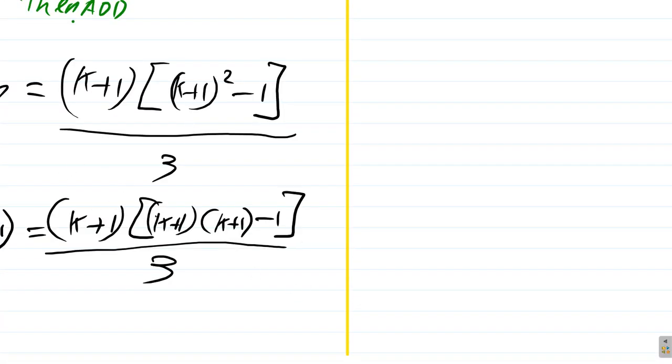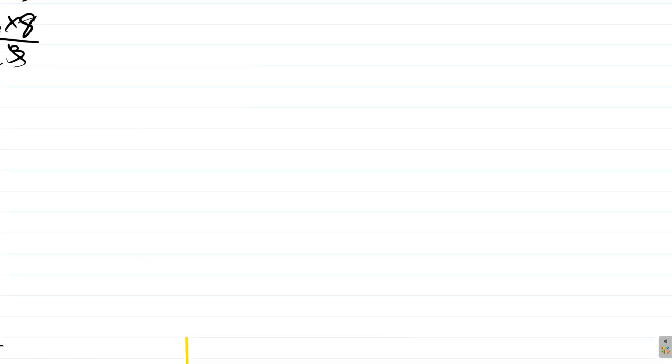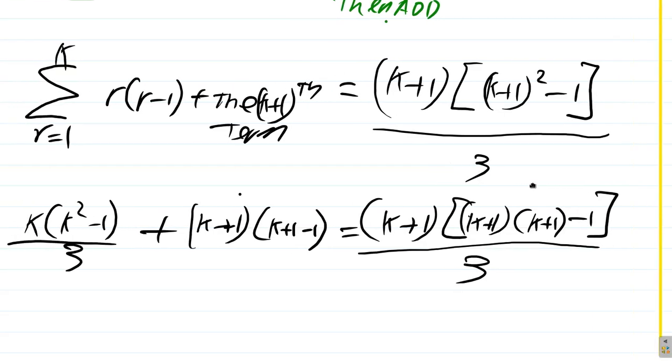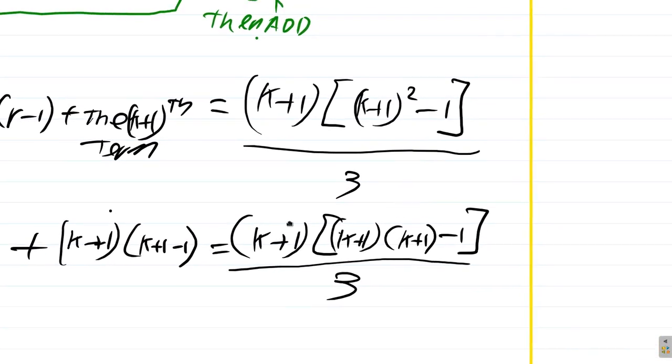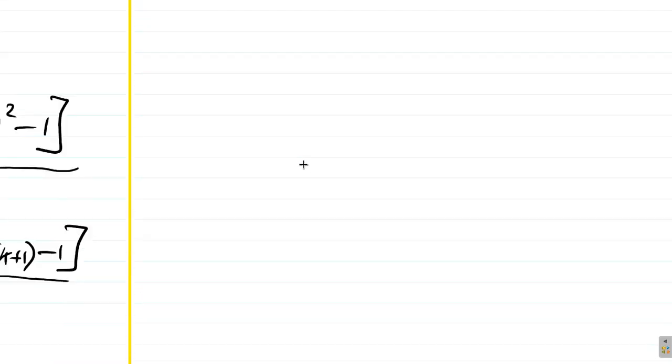Now, what we have is k squared minus 1 over 3, so we have k squared minus 1 over 3 plus k plus 1 in one bracket, plus k plus 1 in a bracket there.